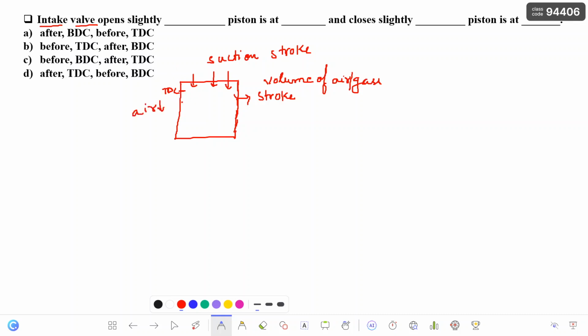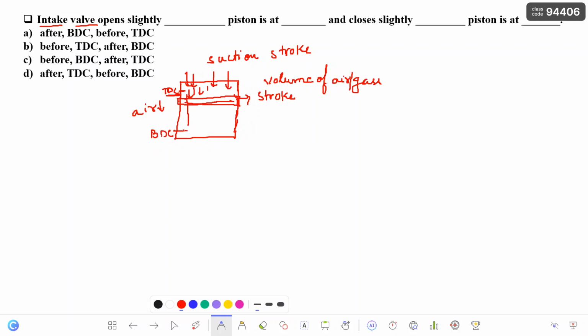So it will open before the piston reaches the top dead center, fresh air starts coming inside, then the piston comes down to bottom dead center.